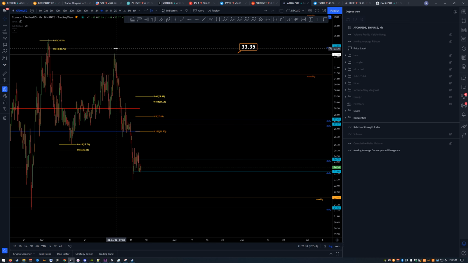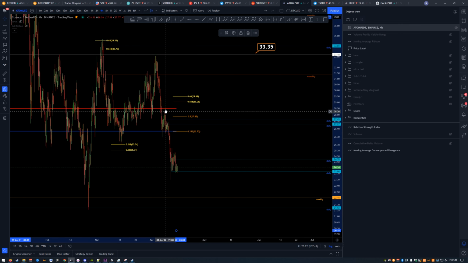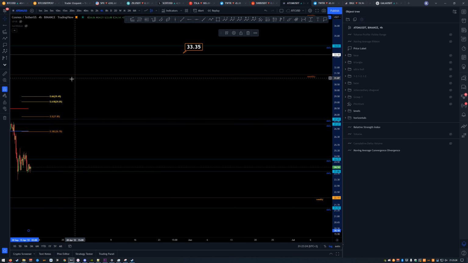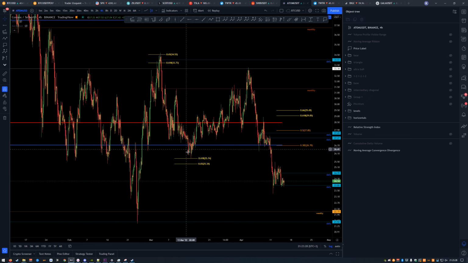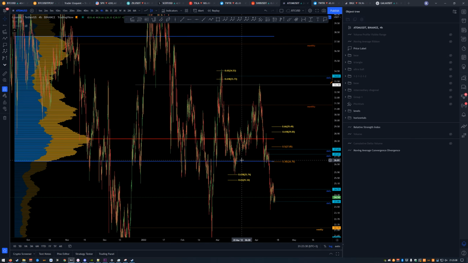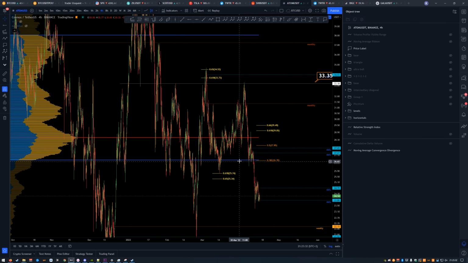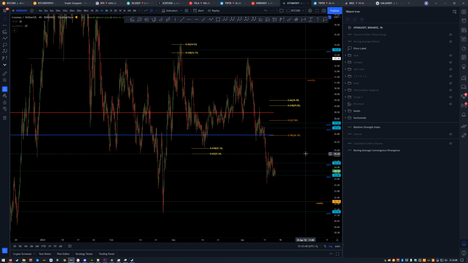Now that we've come down quite a bit, we took down the point of control. We even back tested it. First we rejected it here, went through, then we rejected against the range value area low, came back to the point of control and then went down.